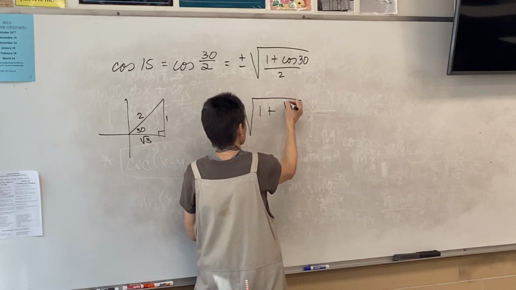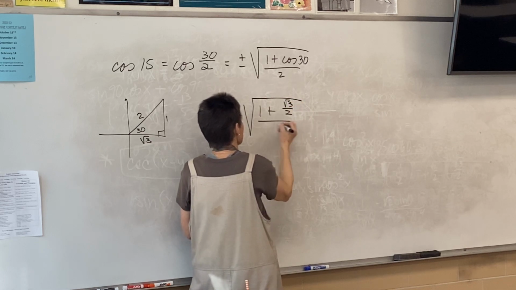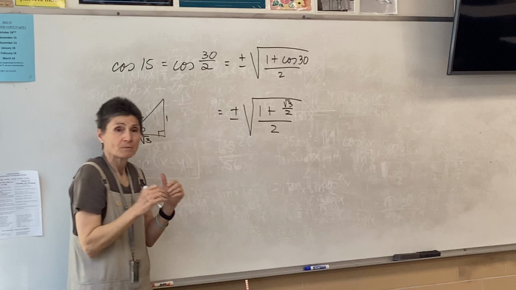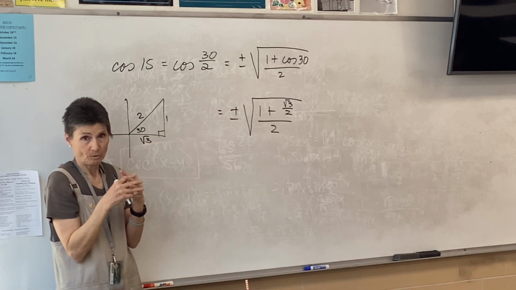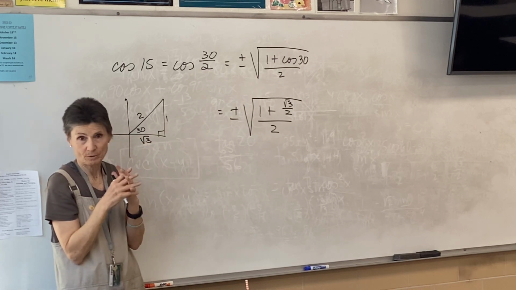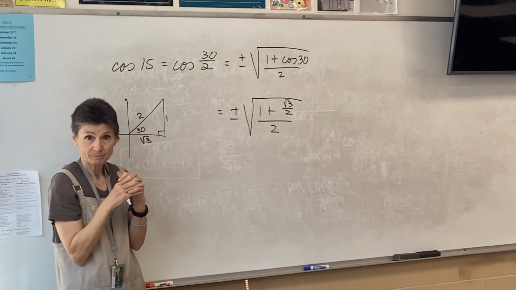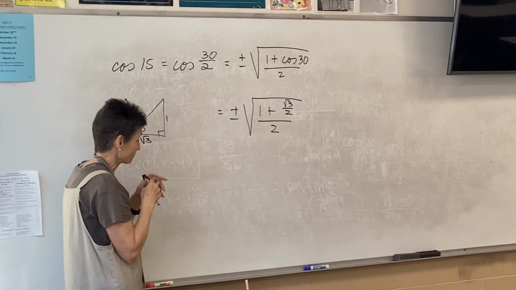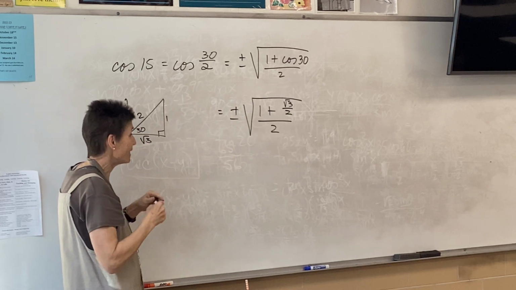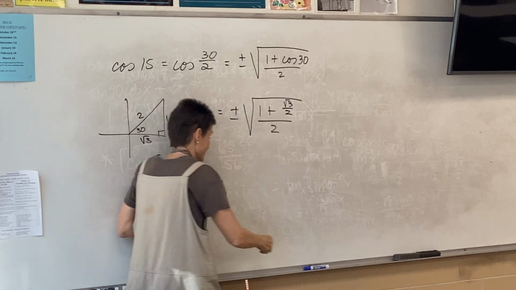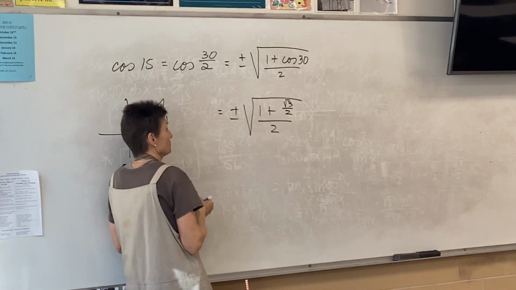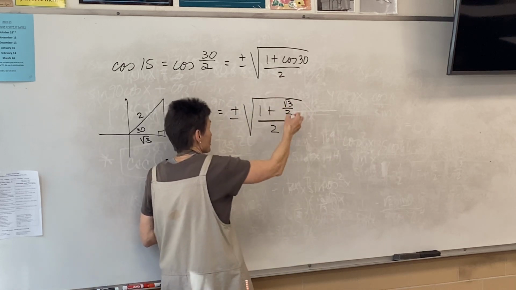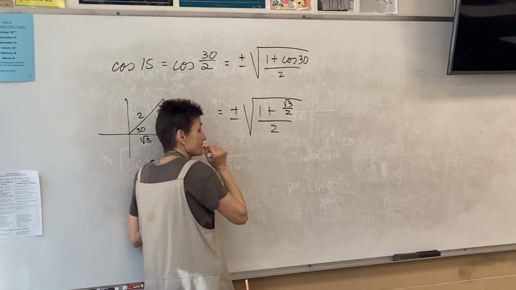This may be the first time, I really don't know, that you have seen a radical under a radical. It's perfectly okay. It's ugly, it's awkward to work with, but it's perfectly okay. Underneath that radical is a complex fraction, a big fraction with little fractions inside.